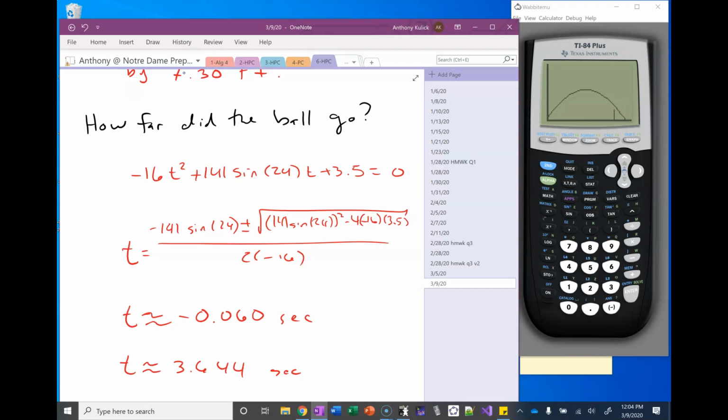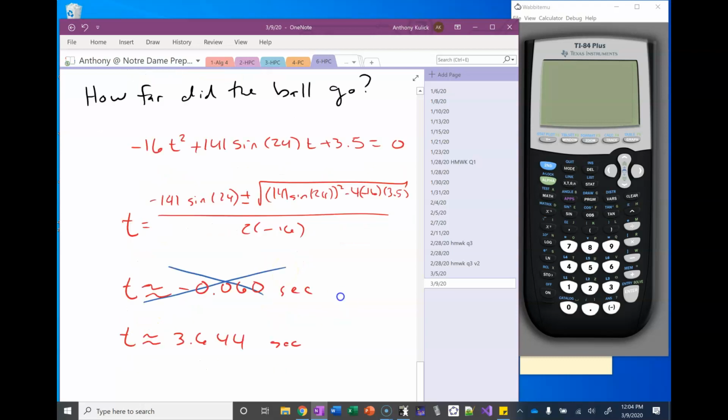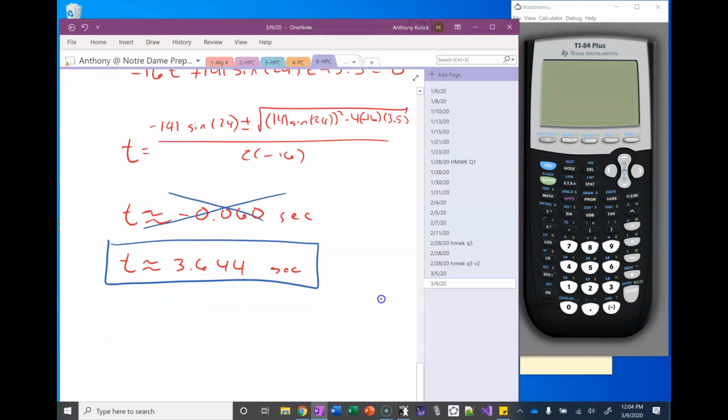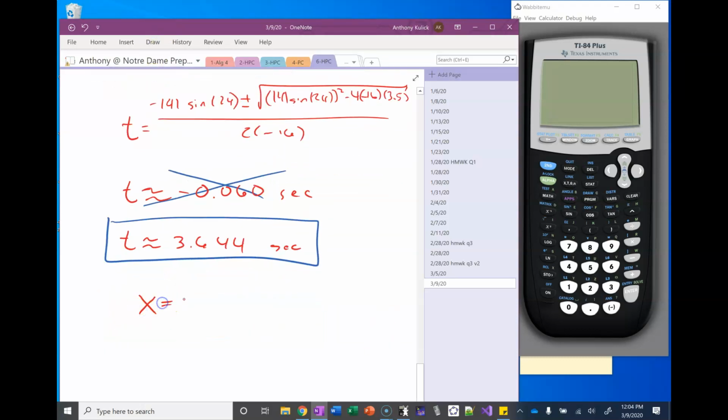No, what's wrong? Negative time doesn't make a lick of sense, right? So I don't want that one. This is the time that I want. What am I going to do with that? Yeah, I'm going to take my equation for x and plug that into it. When I do that, I get 469.4 feet.